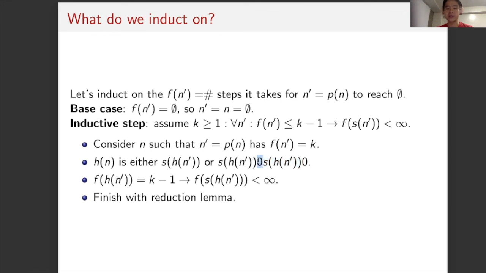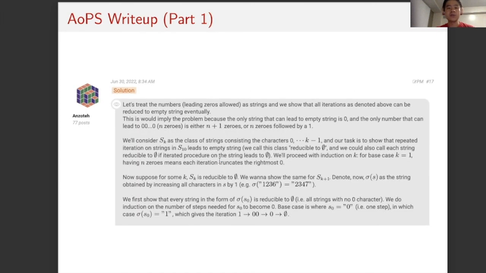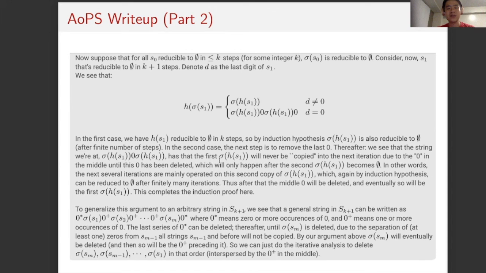This one is gone, and finally the left part, the s of h of n prime, will also be gone. So this is how you organize the solution. To show that I actually have a solution, I do post it on the Art of Problem Solving. I guess you guys can have a look when you have time.